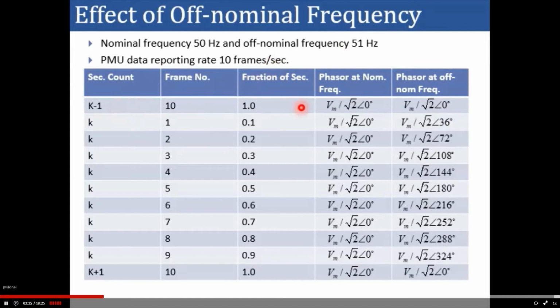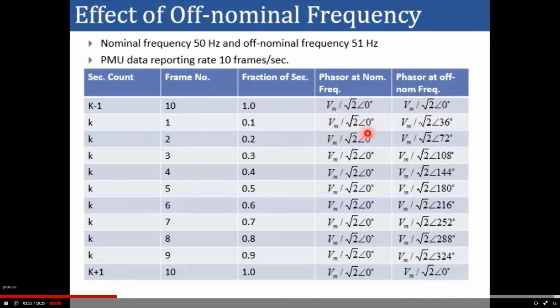Say at time 0 we get the first frame. At that point, with nominal frequency, we may get the phasor value as Vm by root 2 angle 0 degree. For off-nominal it will be the same, which means both coincide at time t equal to 0.